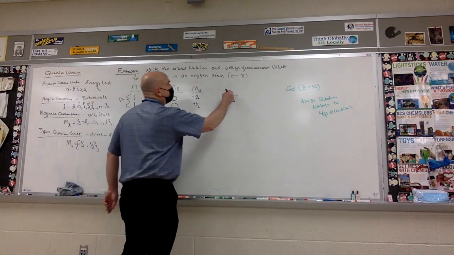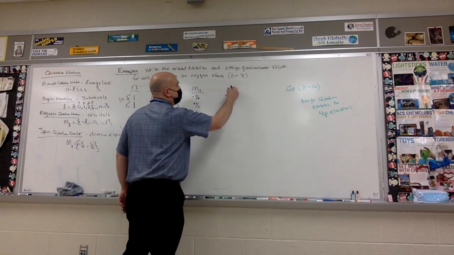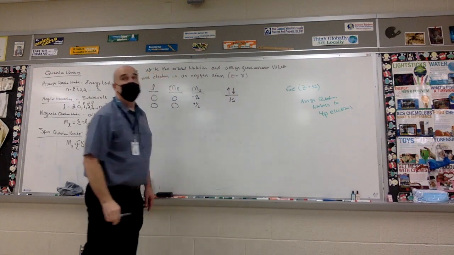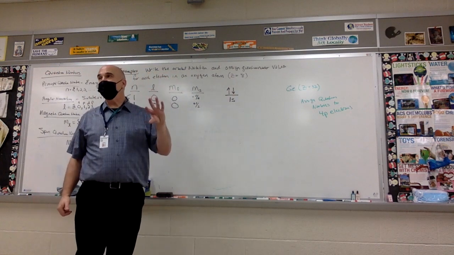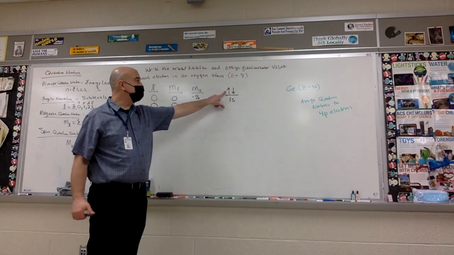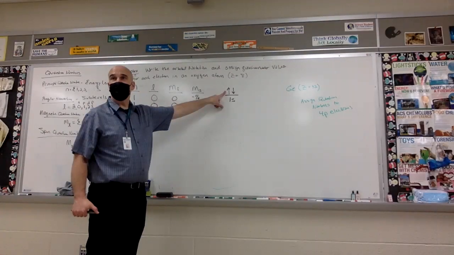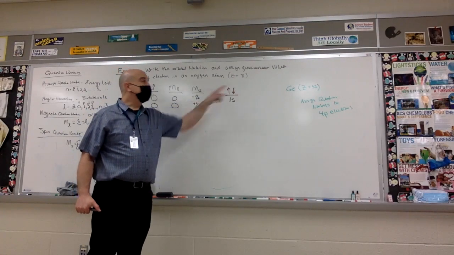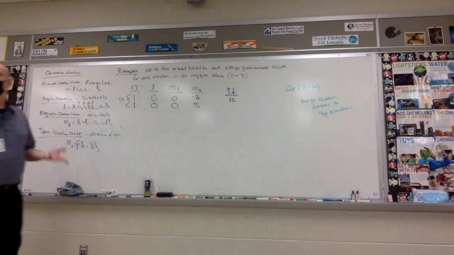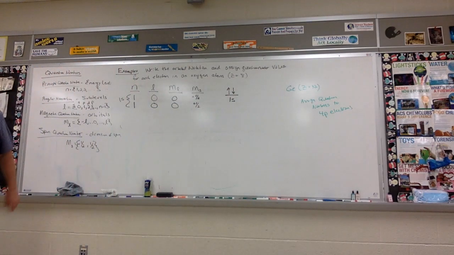And then each electron is represented with an arrow, and the arrow represents the spin. So one of my electrons is spinning one direction, the other electron is spinning the other direction. That's my positive 1/2 spin.